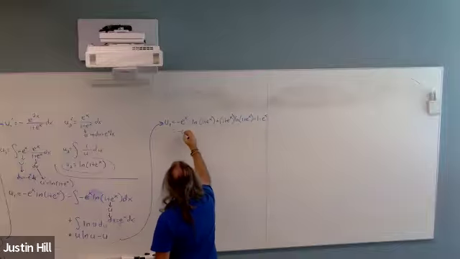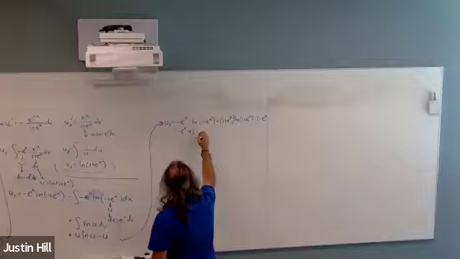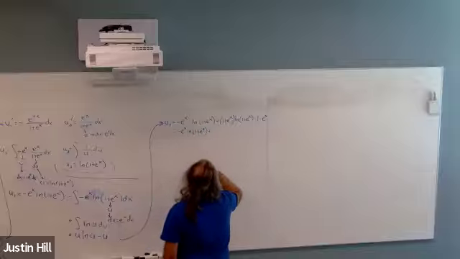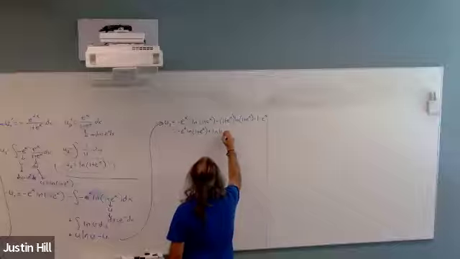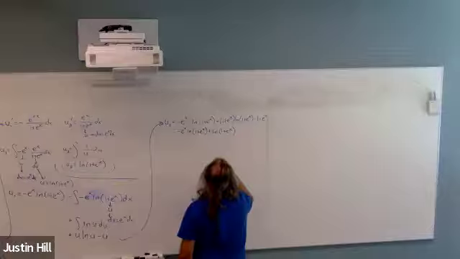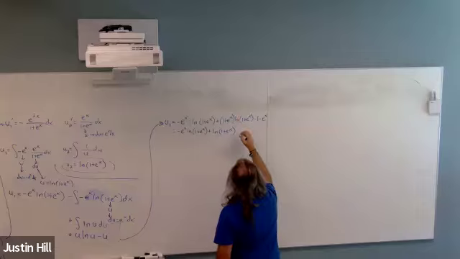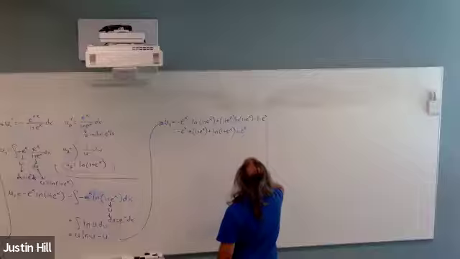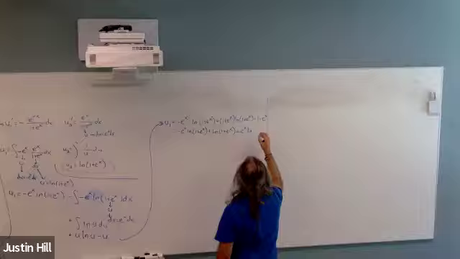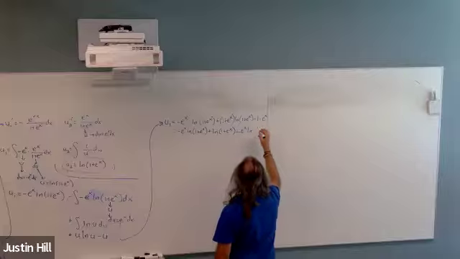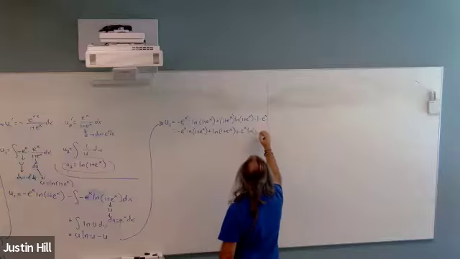So I end up with negative e to the x natural log of 1 plus e to the x, plus natural log of 1 plus e to the x, 1 times that, plus e to the x natural log of 1 plus e to the x.